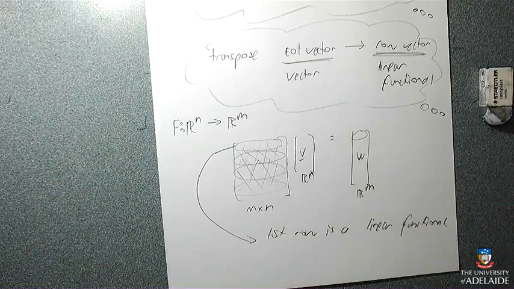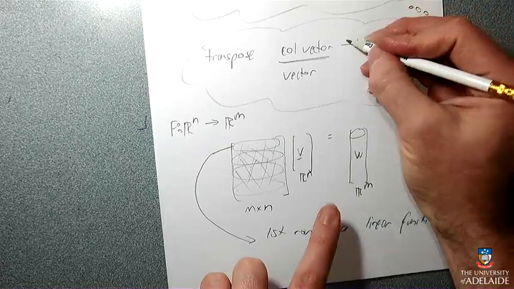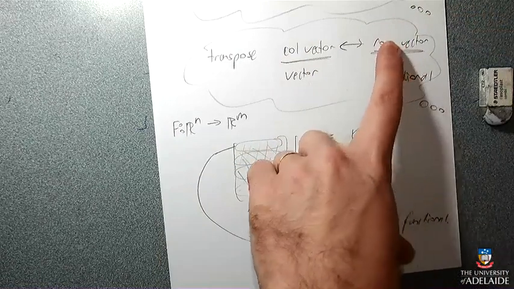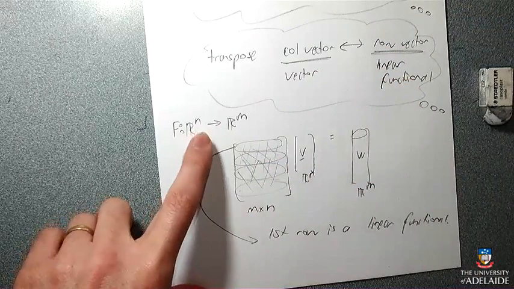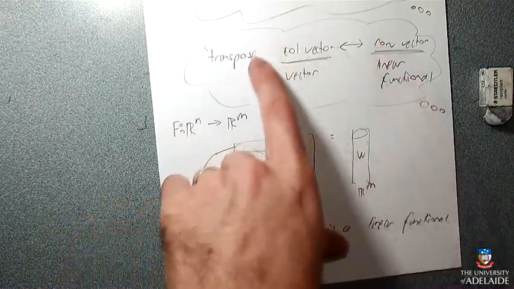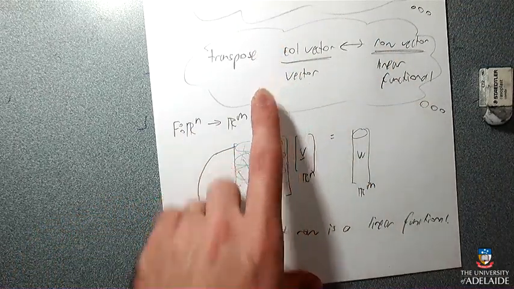So the first row is a linear functional. So if I was transposing it, that would go back to being a column vector, wouldn't it? Because transpose takes column vectors and produces row vectors, which means it takes vectors and produces linear functionals. So if I have a linear functional when I do the transpose, it will go back to being a column vector.